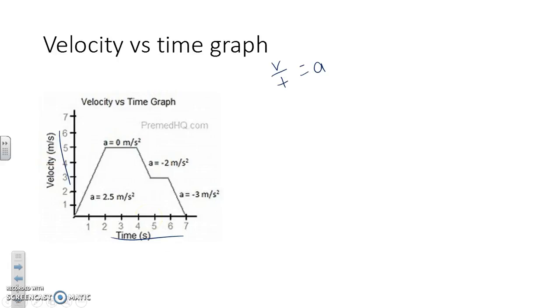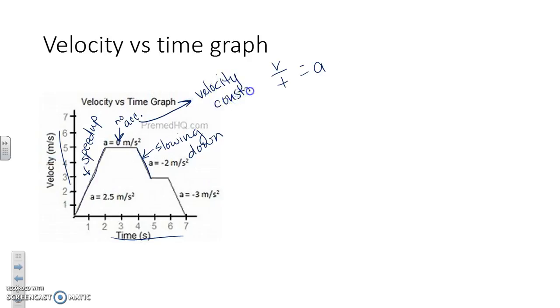If it's got a positive slope, it's a positive acceleration, which means it's speeding up. If it has a negative slope, that means it's slowing down, negative acceleration. And if it has no slope, that means there is no acceleration, and if there's no acceleration, that means velocity is constant. Make sure you know those.